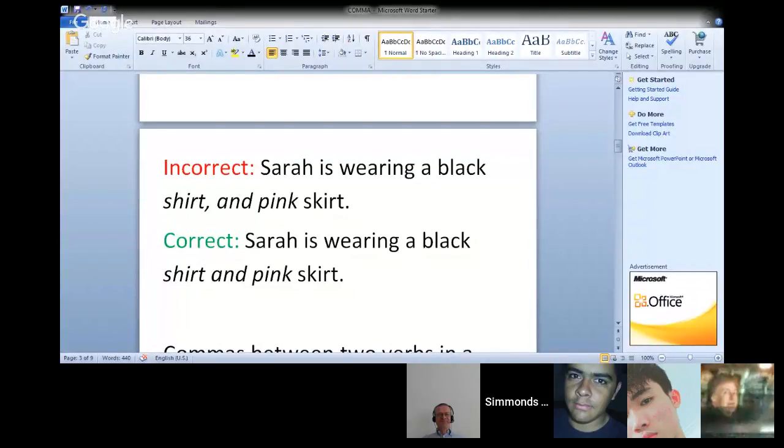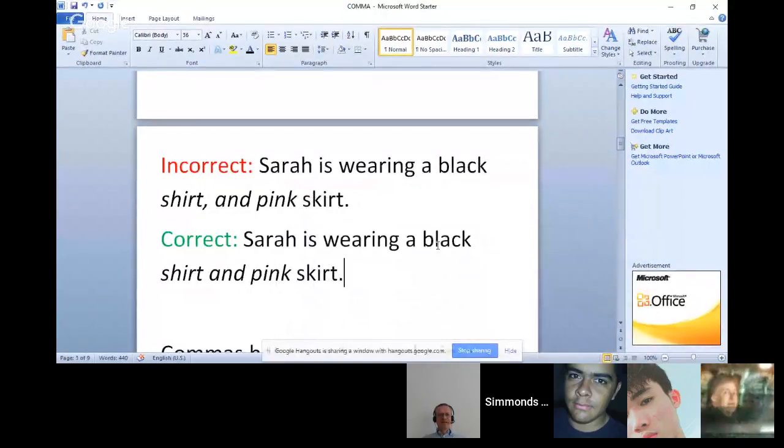Incorrect: Sarah is wearing a black shirt, comma, and pink skirt. Correct: Sarah is wearing a black shirt and pink skirt. Good. And so when you have the comma in there, it doesn't sound bad, but it doesn't sound necessarily correct because you don't need to separate these. And also you cannot have a comma before an "and".